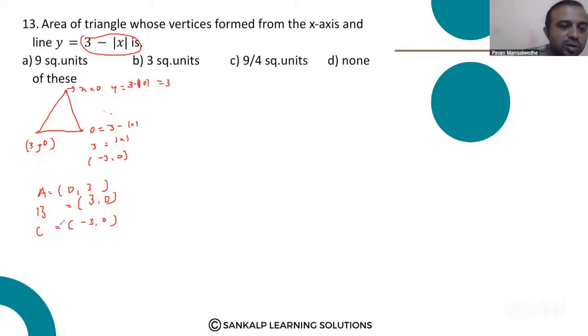So already we know that the area of a triangle is half base into altitude. So A is equal to half into base, which is 3 minus of minus 3, which is 6. And the height is 3 minus 0, that is 3.